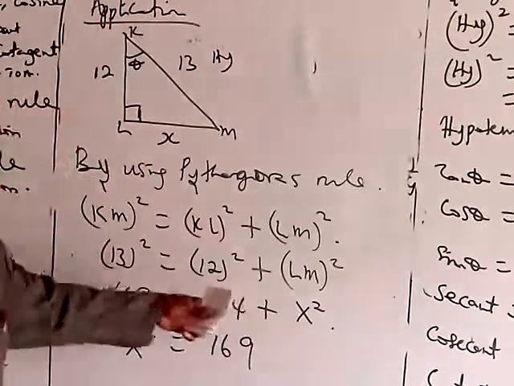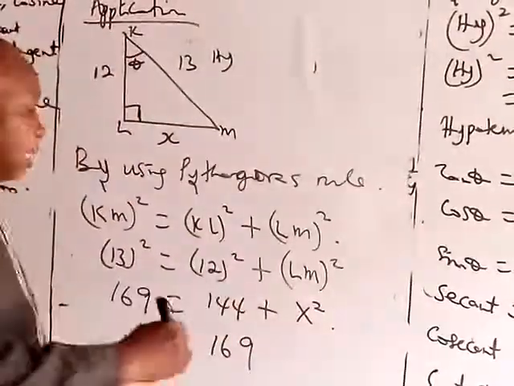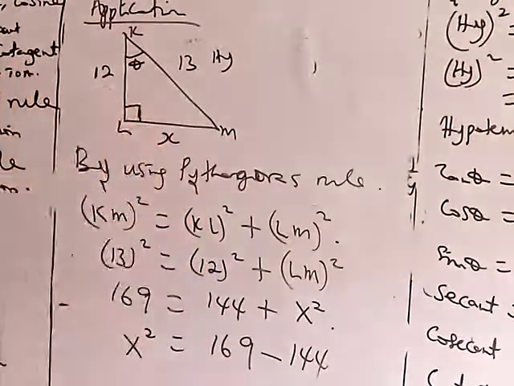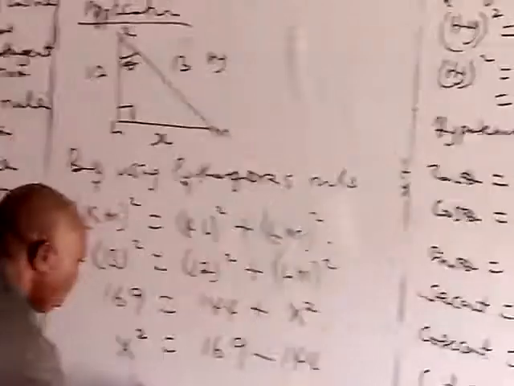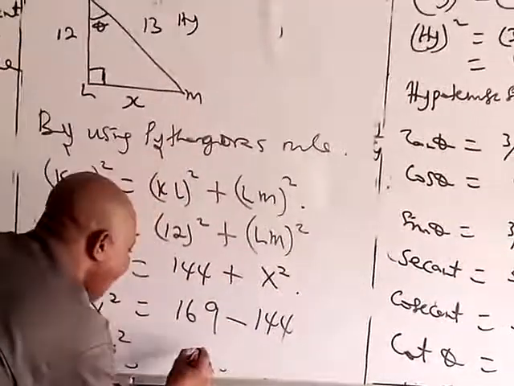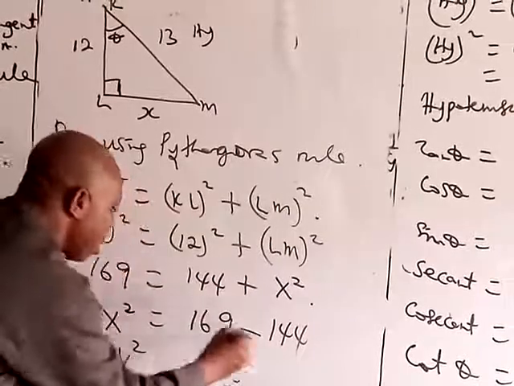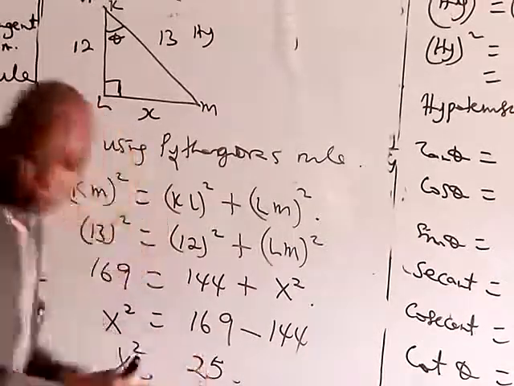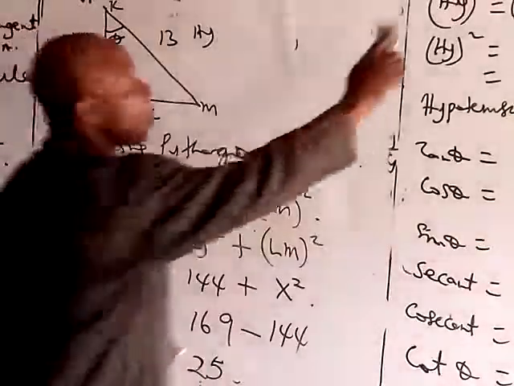When you move this 144 to the other side, it will be negative. So you have minus 144. Then x raised to power 2 now: 9 minus 4, you have 5. Then 6 minus 4, you have 2. Then 16 minus 14, you have 25.